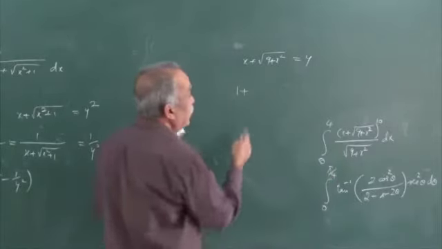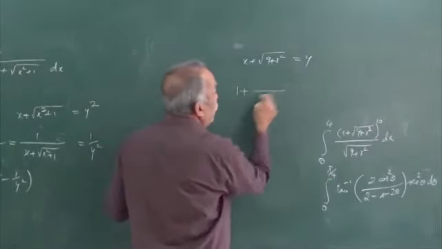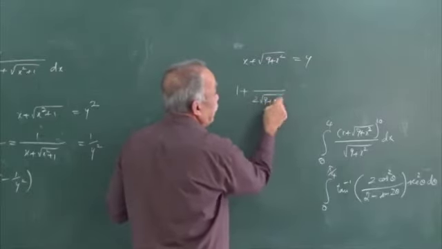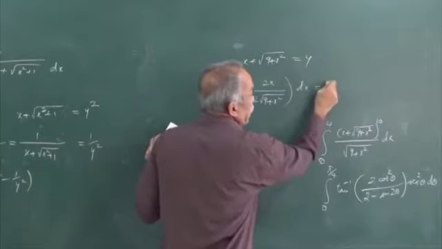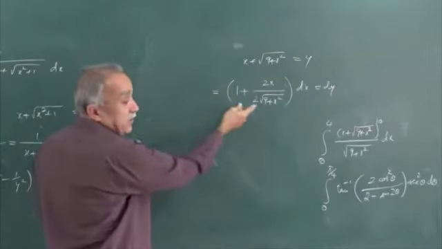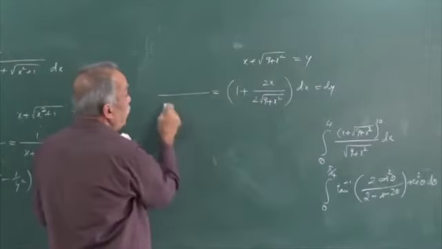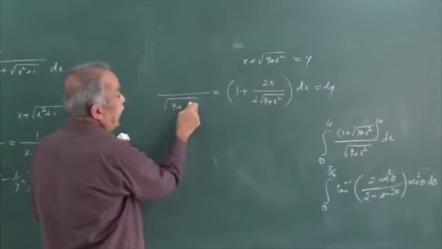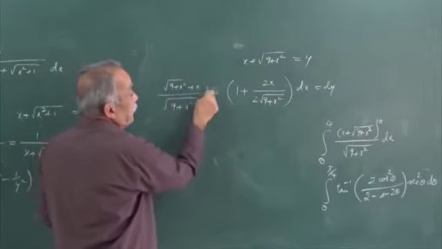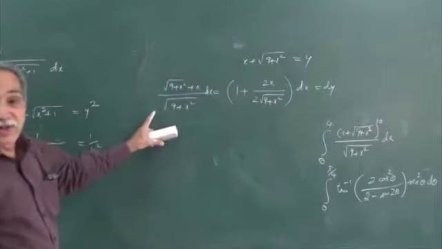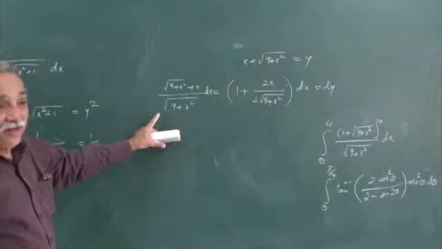I have to take care of that. Simply differentiate: 1 by 2 root 9 plus x square, numerator 2x, whole into dx is equal to dy. When you simplify this expression, the denominator is root 9 plus x square and the numerator becomes root 9 plus x square plus x. This is an expression needed to bring in dy.